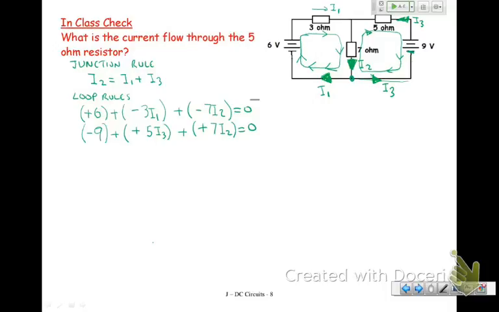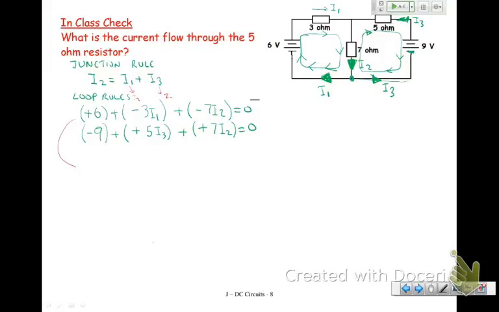Let's get I1 in terms of I2, and here, let's get I3 in terms of I2. And then I've got an equation that only has I2 in it. So I'm going to come along here, and I want to get I1.